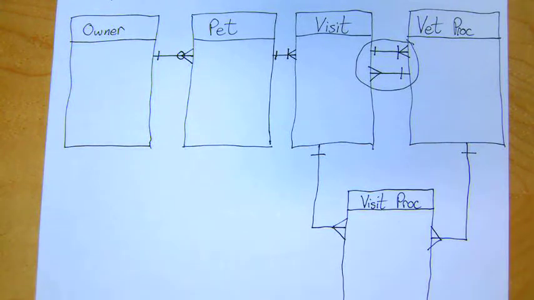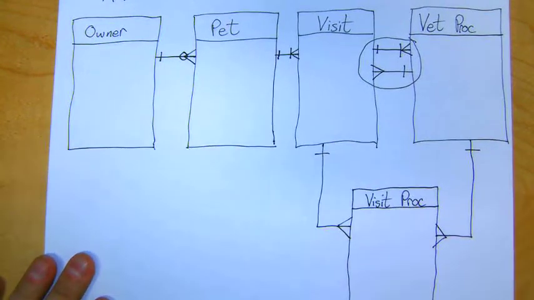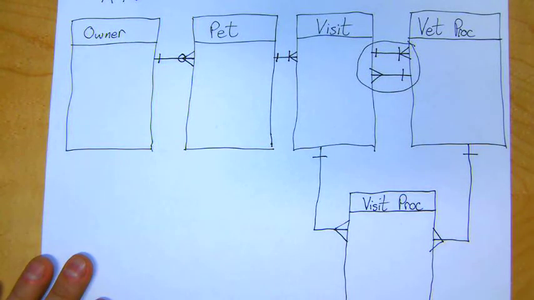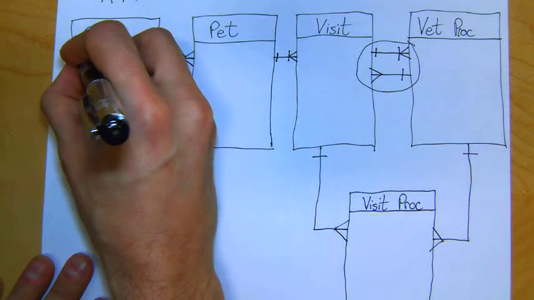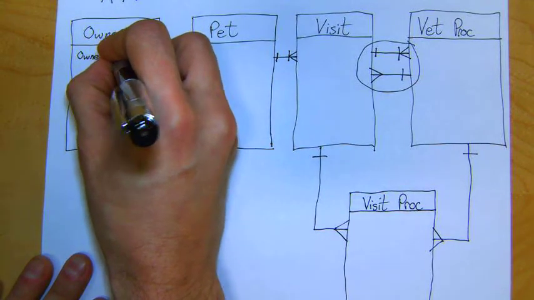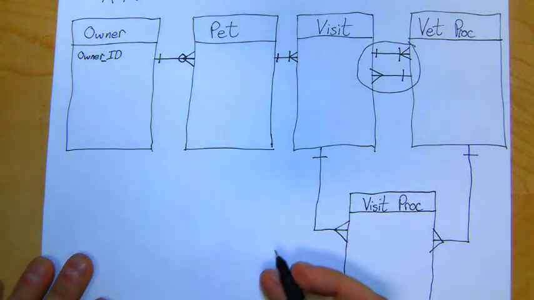So, think about some of the things that we interact with. And so again, going back to me being super lazy and trying to keep things easy, I love having my unique identifiers just be whatever the entity name is plus ID. It's great. So I would say owner_ID. Do a little underscore.